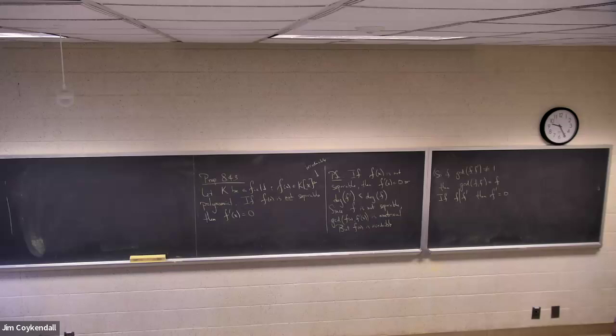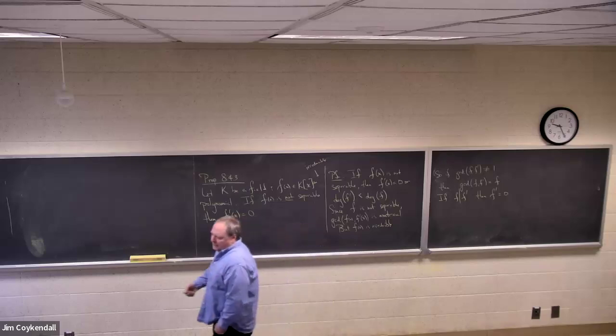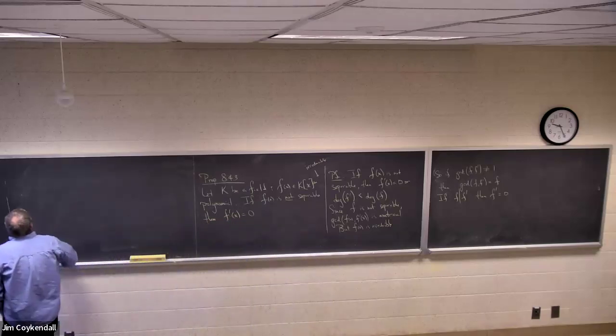Can anybody name a polynomial whose derivative is identically zero but is not a constant? You have to go into characteristic p, right? Characteristic something other than zero.